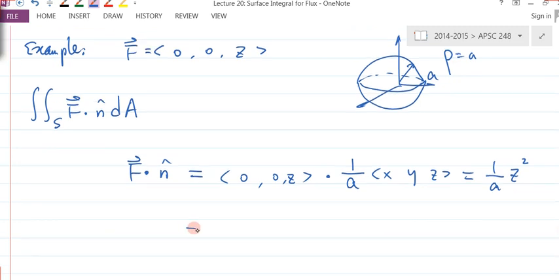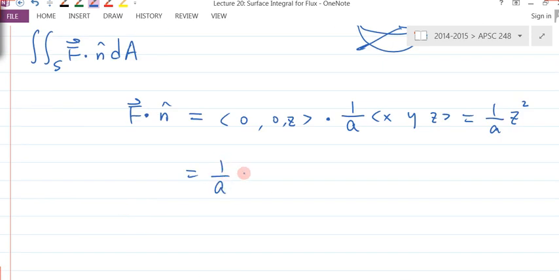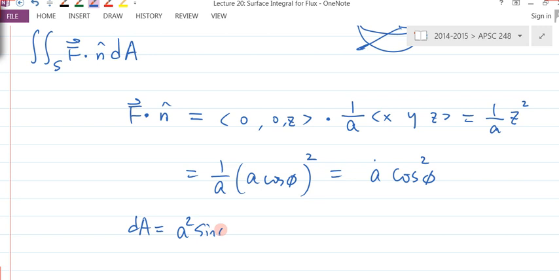We replace z with A cosine phi. So 1 over A times (A cosine phi) squared. A little simplification gives A times cosine phi squared. And dA, as we derived, is A squared sine phi d phi d theta. That's it. So now let's plug in and find the limits of phi and theta.